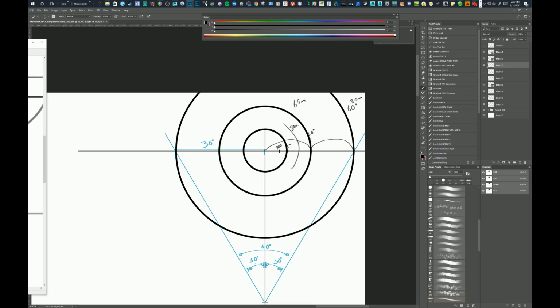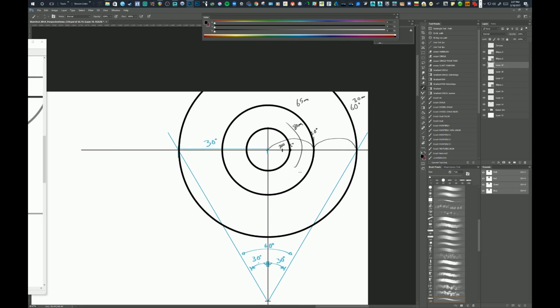An 80 millimeter lens, which is going to be somewhere between 30 and 15, which could be like a 22.5 degree cone of vision, will give me around an 80 millimeter.